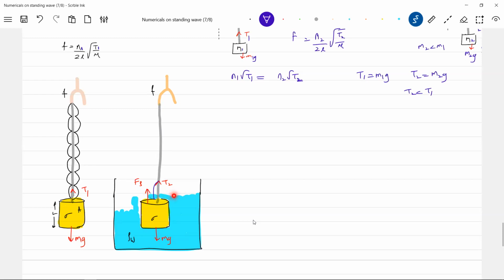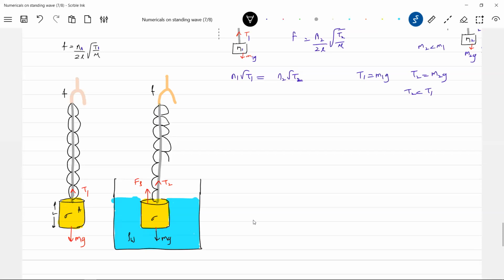It should be just immersed. How many loops have become? 1, 2, 3... 7, 8. 8 are there, no?